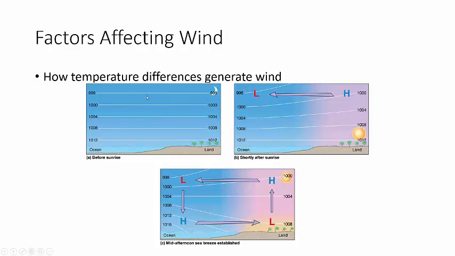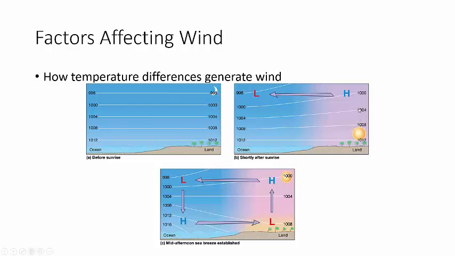But then what happens is you start to heat up the land. Remember, the sun rises and will heat the land faster than the ocean. We talked about that. And so it starts to heat up the land and it starts to spread out that pressure. You start to get a weak pressure gradient.